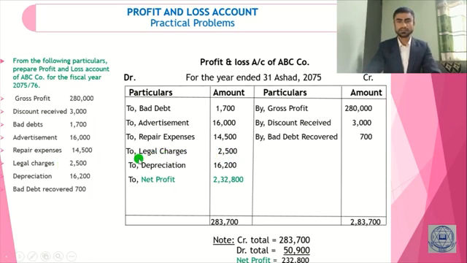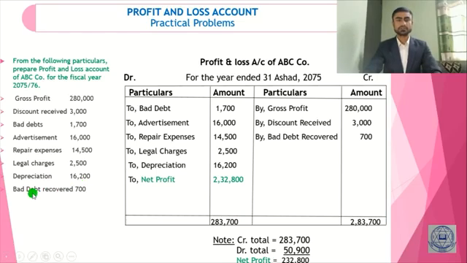Legal charges 2,500. Similarly depreciation, it is a loss for the organization. It is the amount deducted from the value of assets after using them for some time. It is written on the debit side, so we write depreciation 16,200.